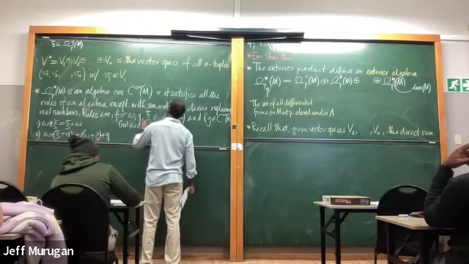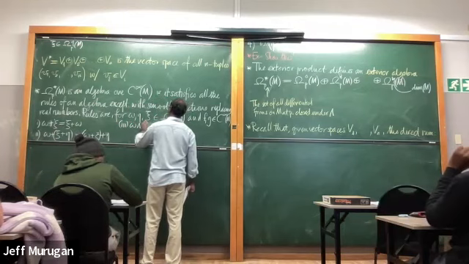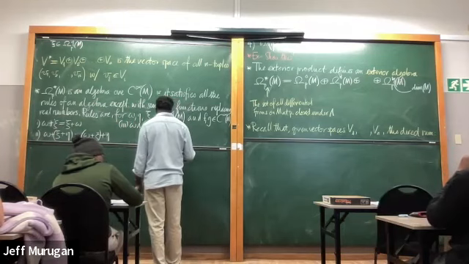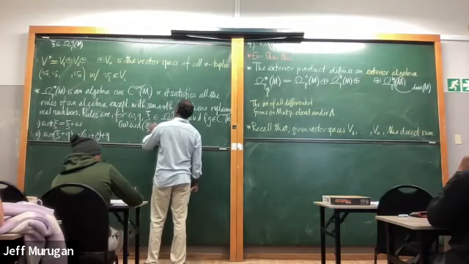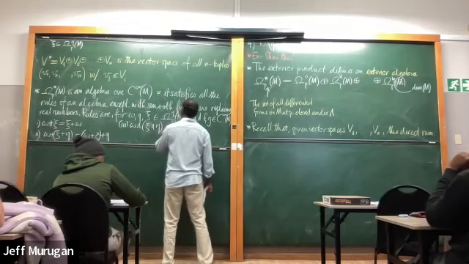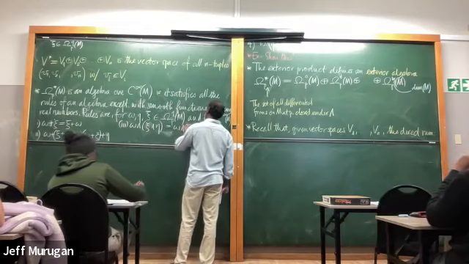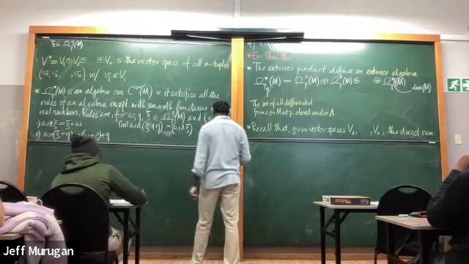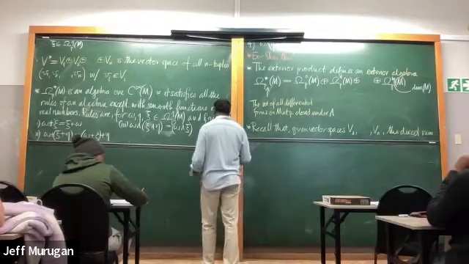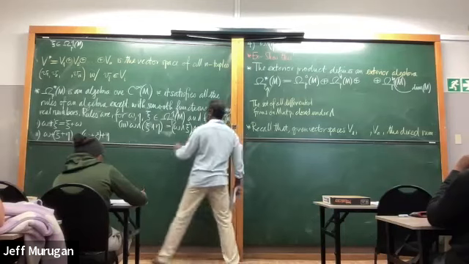Omega exterior product psi exterior product theta is omega psi theta.